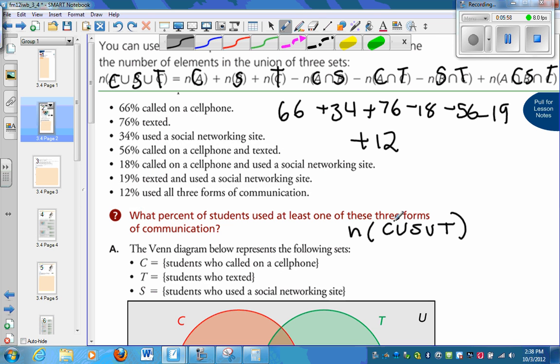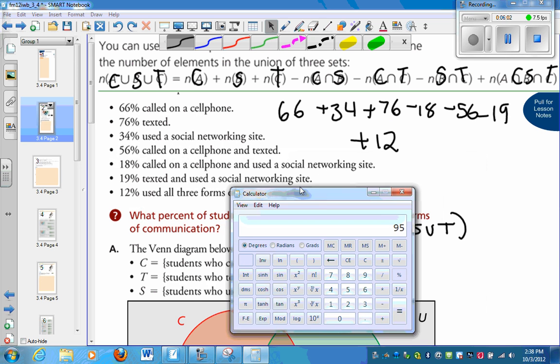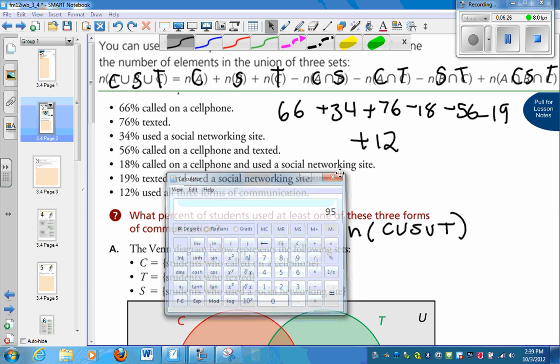And we're going to see that we get the same answer as we did. So let's try this out. 66 plus 34 plus 76 minus 18 minus 56 minus 19 plus 12. And lo and behold, we get 95.